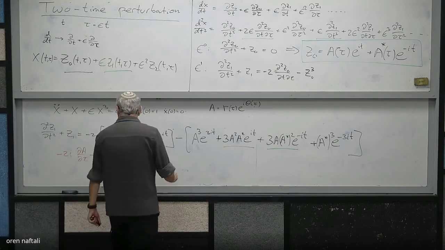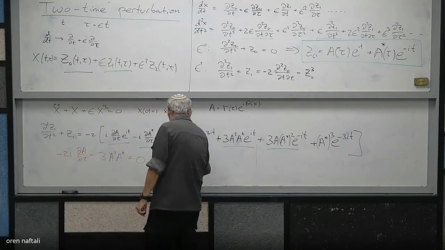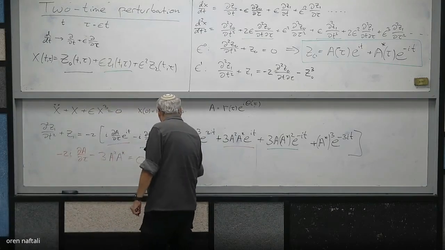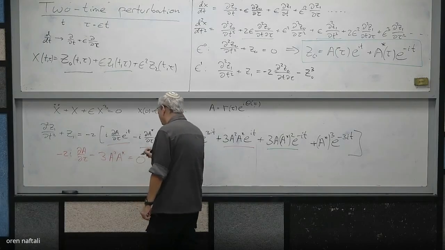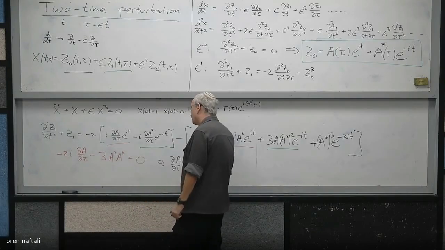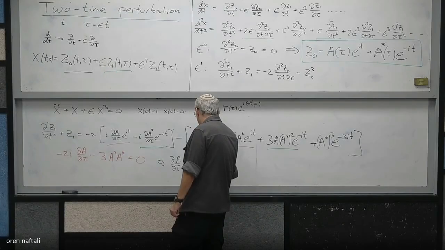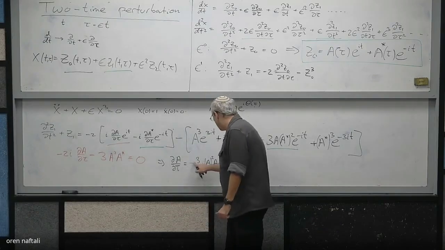Then first of all, let's write it as dou A dou tau equals minus 3 half times i times absolute value of A squared times A. And the minus should go.